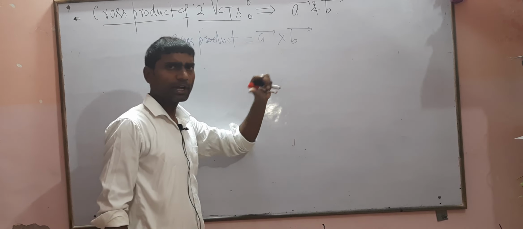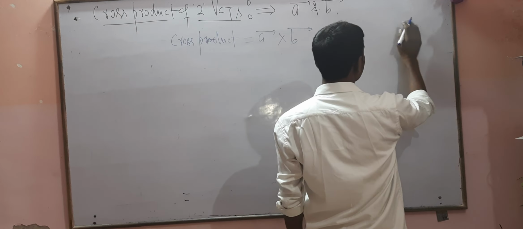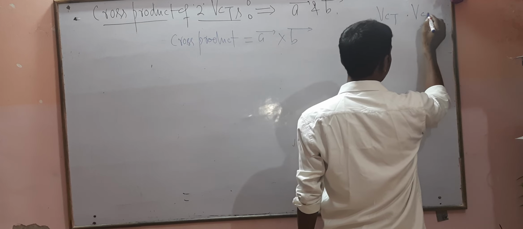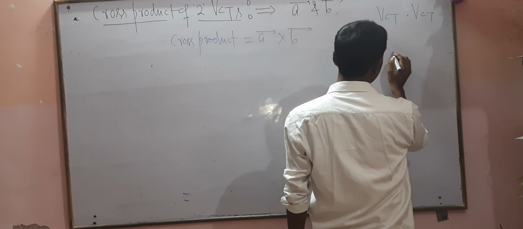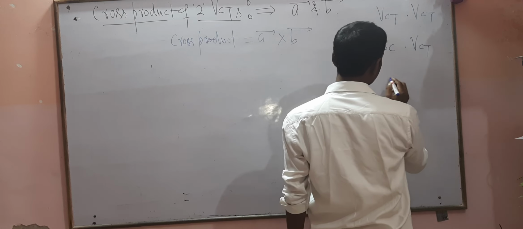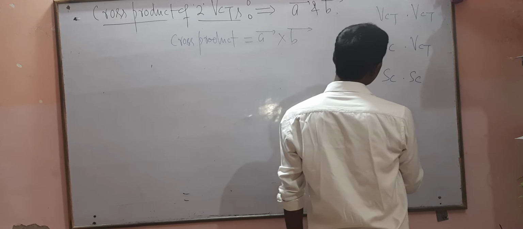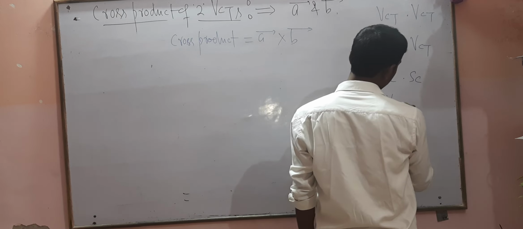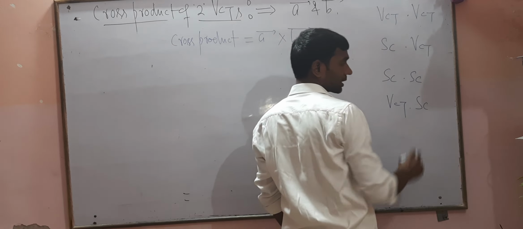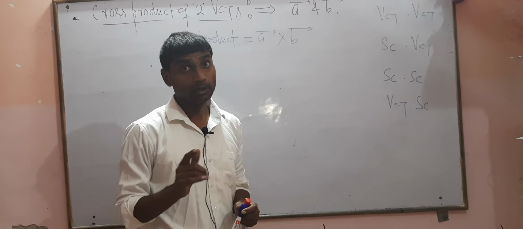Now some important points. If you are given vector dot vector, that will exist. Does scalar dot vector exist or not? Does scalar dot scalar exist or not? And does vector dot scalar exist or not? Vector dot vector exists, because dot is the dot product.